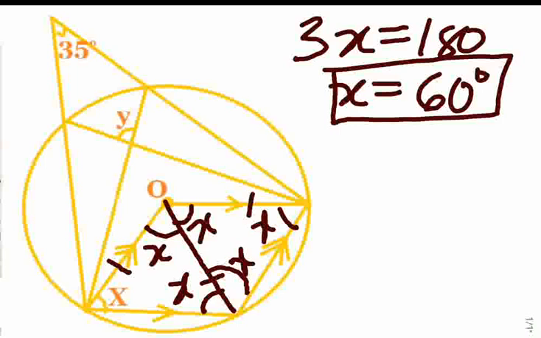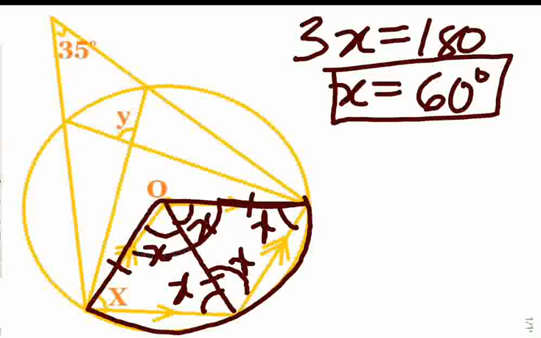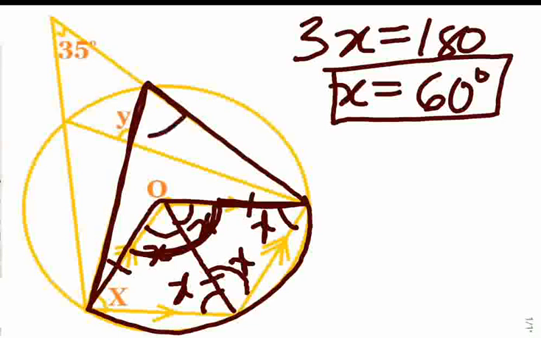So next, how do we get the value of y? The angle at the center is now what? 120 degrees, x plus x. The angle at the center there is now 120 degrees. Now let's recall, can you see this arc? This arc subtends an angle of 120 degrees at the center. The same arc goes on to subtend this angle on the circumference.